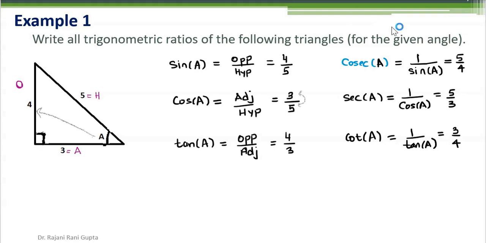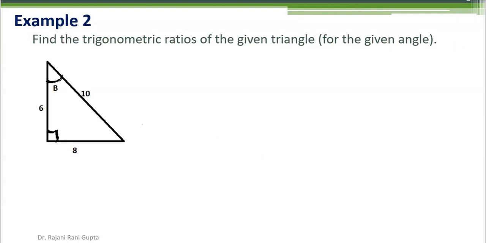Okay. So let's see another question. If you have this question, where is your angle? This is your angle B. So you have to find all the trigonometric ratios. Let's mainly focus on the sine, cos and tan. First, let's see how we find them, and then the rest three you can find easily just by taking the reciprocal.